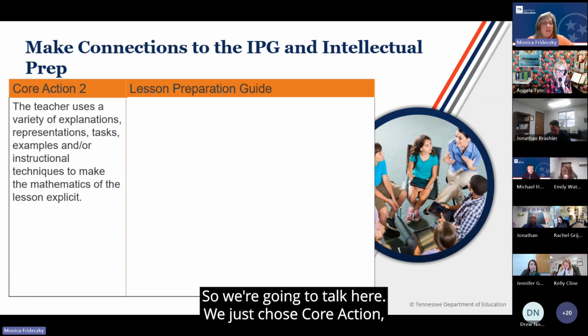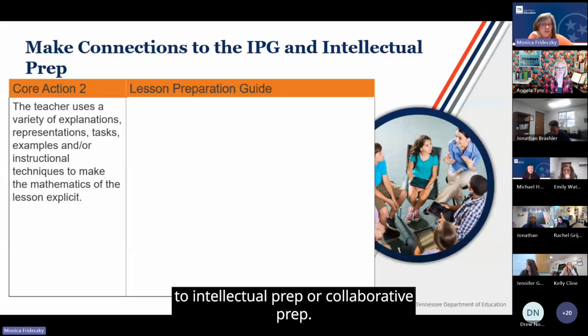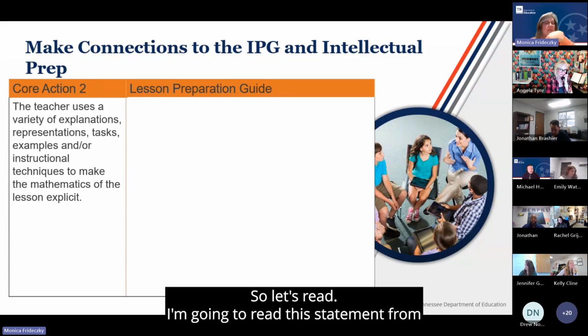So we're going to talk here. We just chose this indicator from Core Action 2 to show as an example of how the IPG is connected to intellectual prep or collaborative prep. So let's read. I'm going to read this statement from Core Action 2.